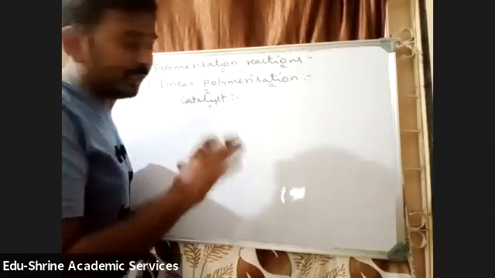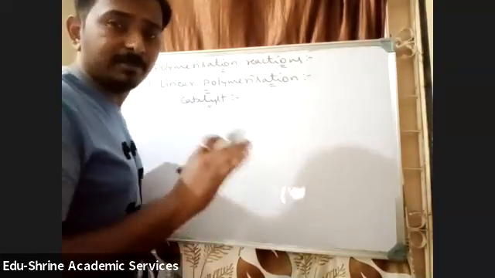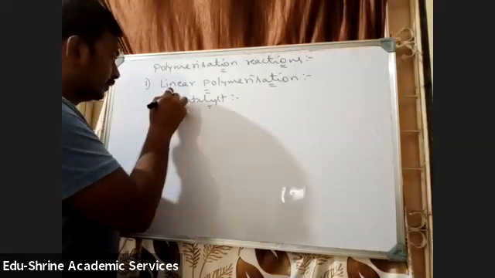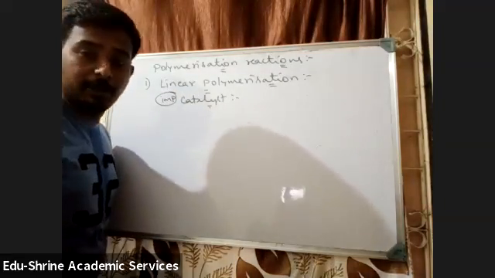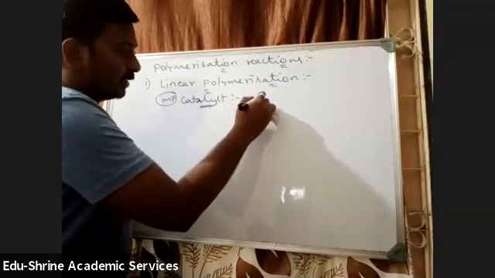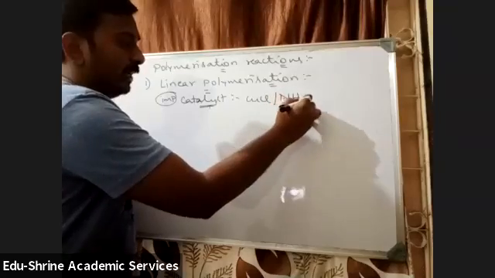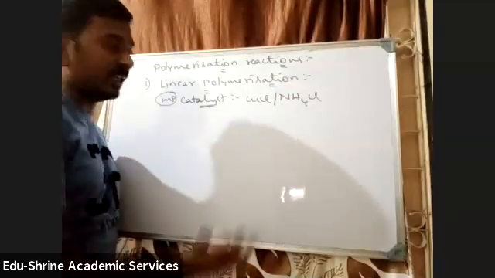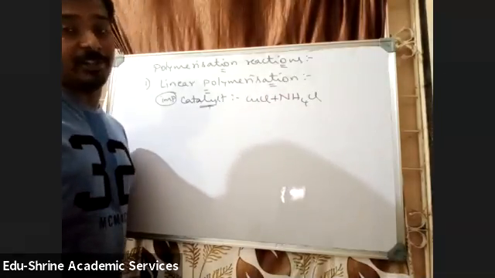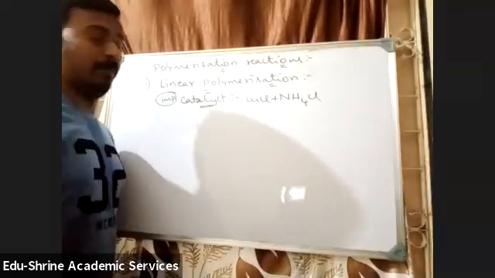In JEE, generally it is a memory-based question, fewer of them, but still it is important. For linear polymerization, the catalyst used is CuCl in the presence of NH4Cl. Very important, remember this one.